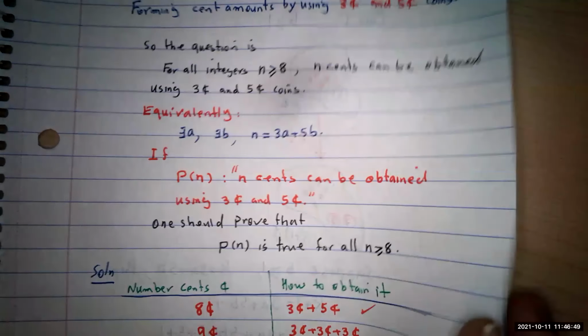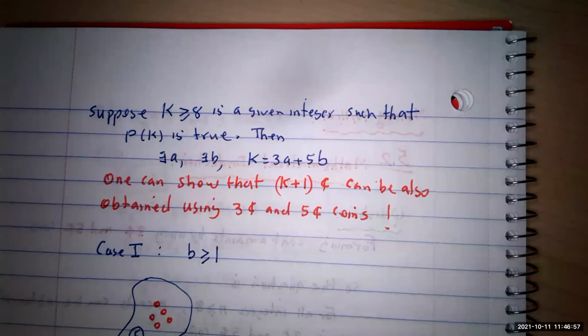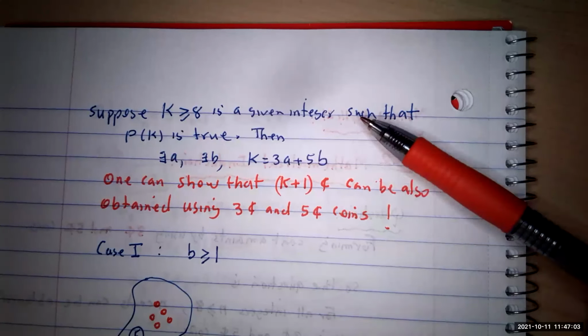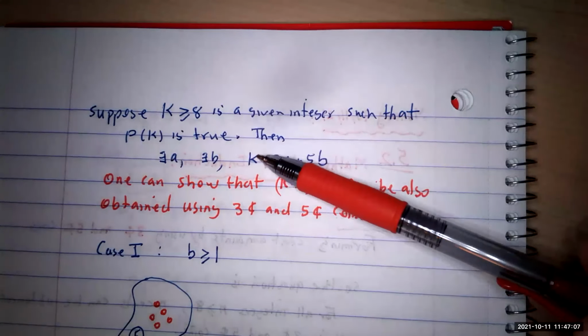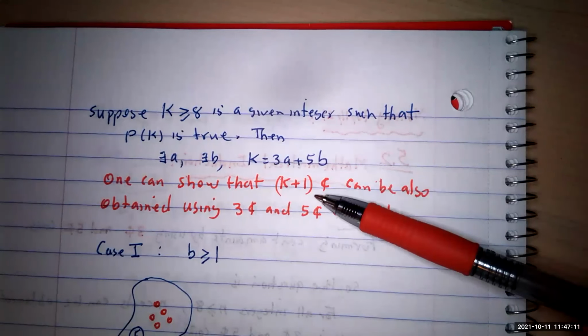Then the next step is you suppose that you can do it for a fixed number K, 100, 2000. You assume that you are able to do it. You already did it, if you like. You assume that it is true for K. You prove that it can be done also for K plus 1.